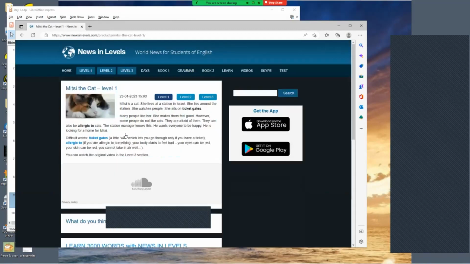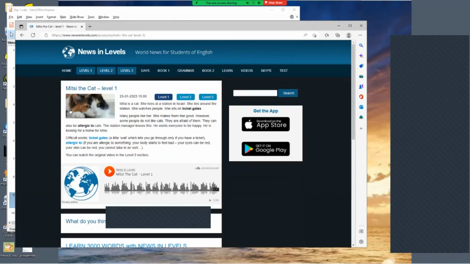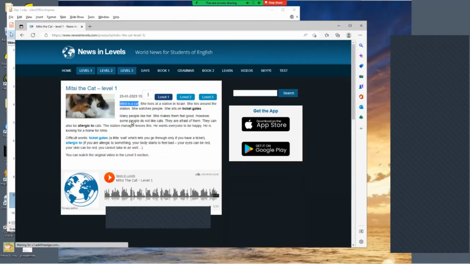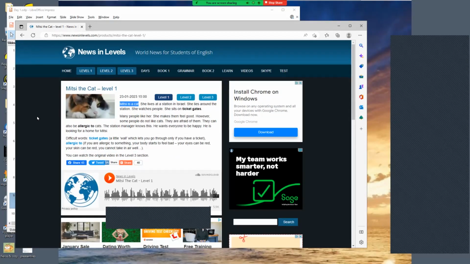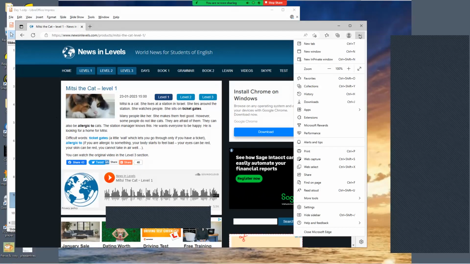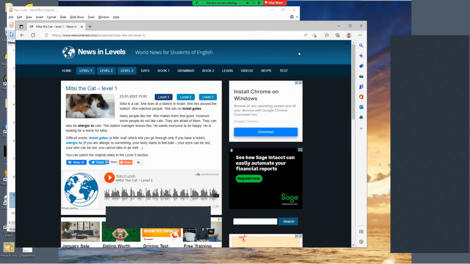So let's look at Mitzi the cat and see what we've got. If you see, the sentences are very, very short, right? So if we read this, Mitzi is a cat.